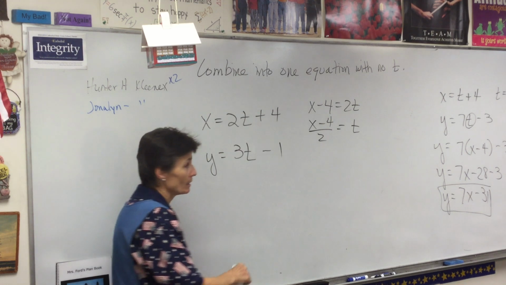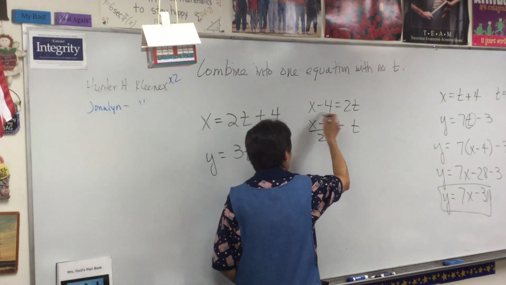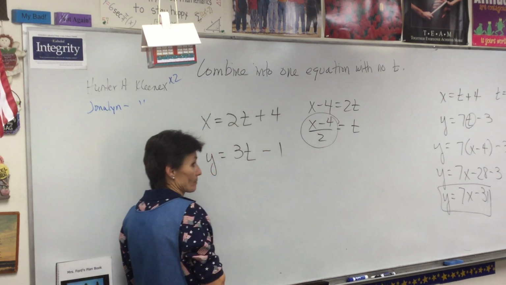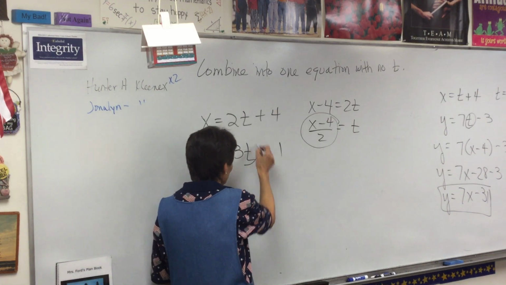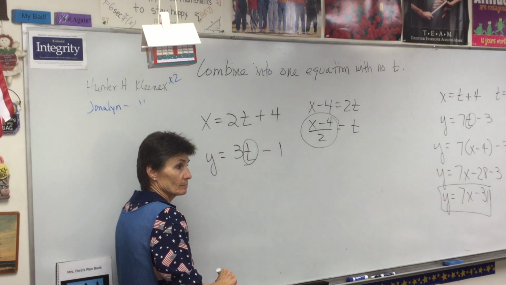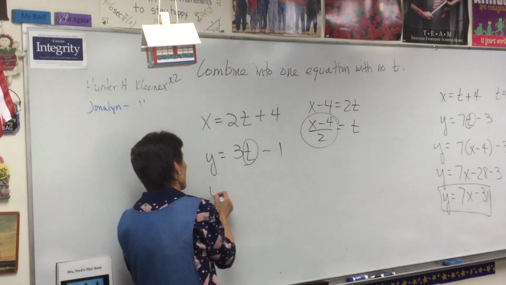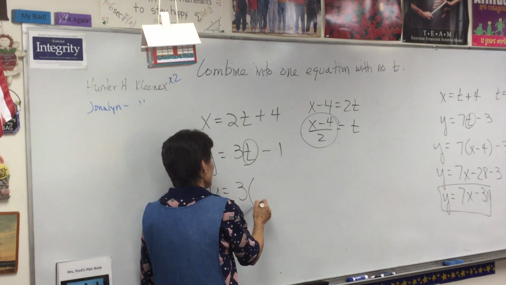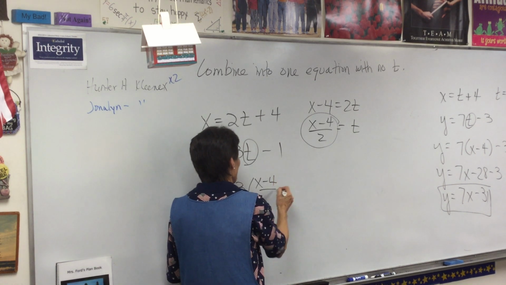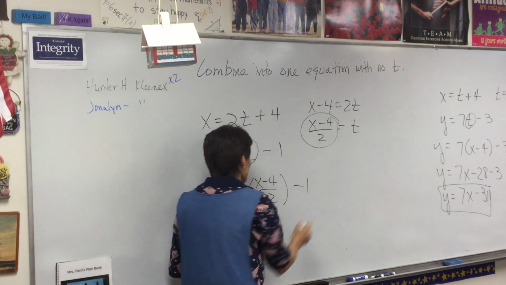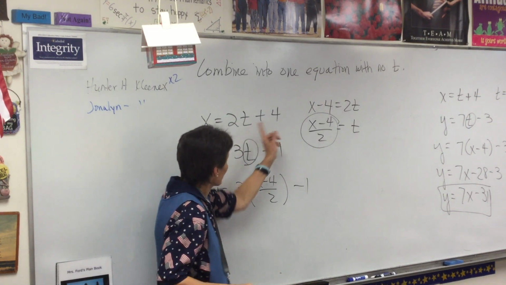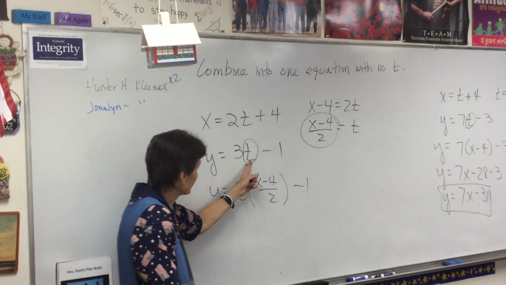Right? And then we're going to take this mess and plug it in right here. So y equals 3 times x minus 4 over 2, minus 1. Plugging in that top equation, plugging it in right here.